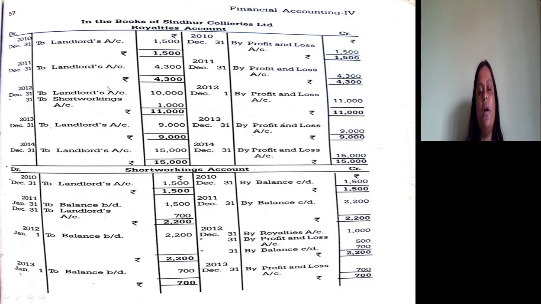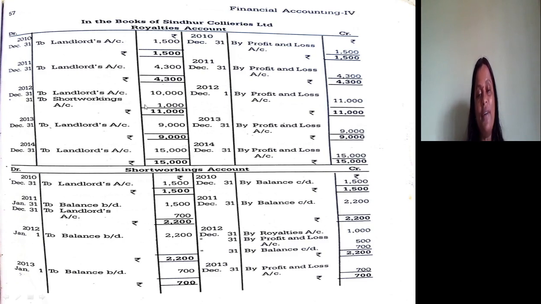Royalties account debtor, try to understand, to landlord 10,000. Actually royalty is 11,000. To landlord 10,000. To short working 1,000, because 1,000 is allowed for recoupment of short working to the lessee. It is not a loss to the lessor but a profit to the lessee. That's why royalties account debtor to landlord 10,000, to short working 1,000.